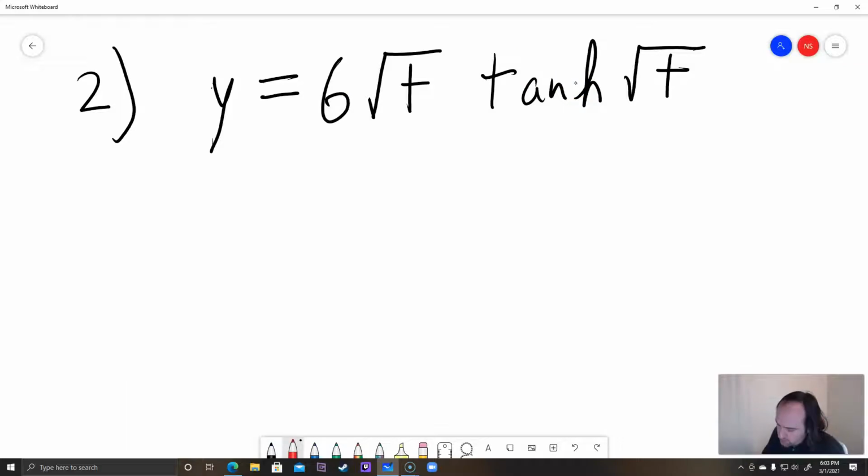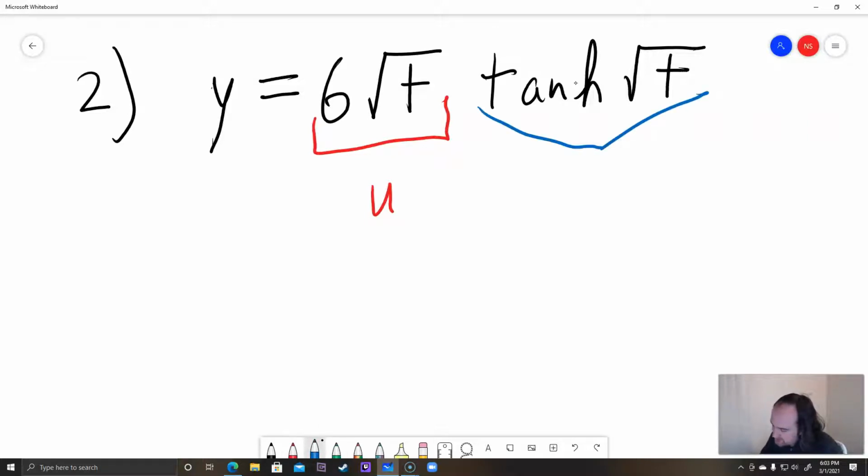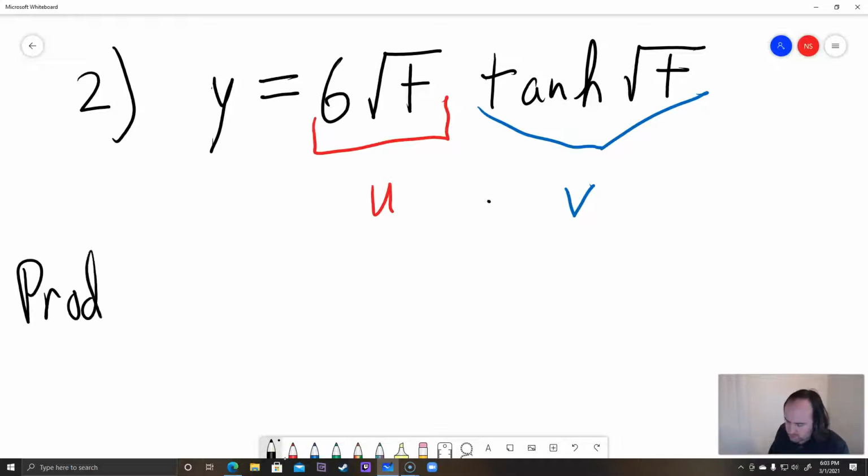Okay, so we're going to call the 6 root t our u. And then the tanh of root t, that's going to be our v. And then we use the product rule. So how does the product rule go?